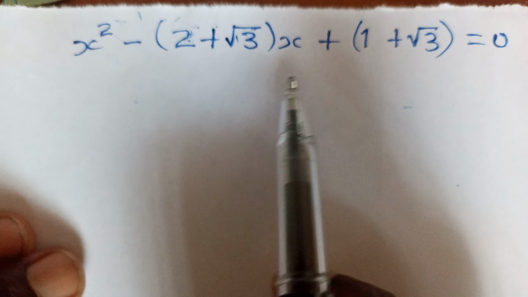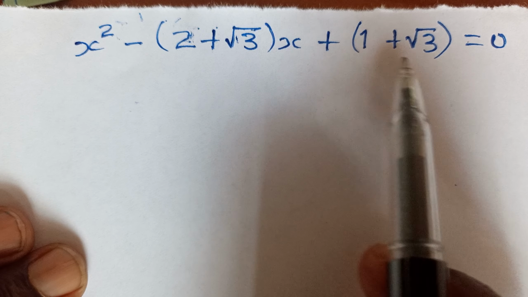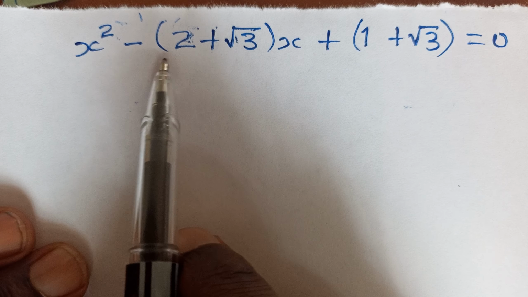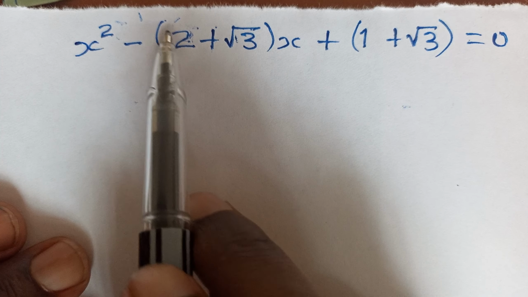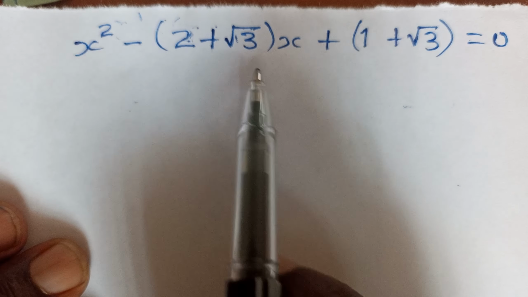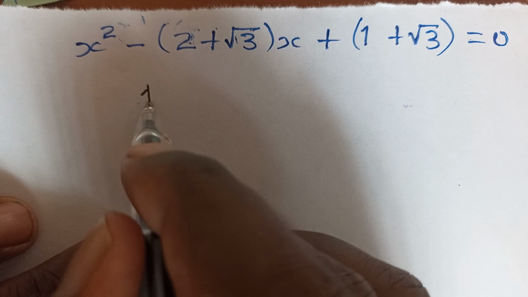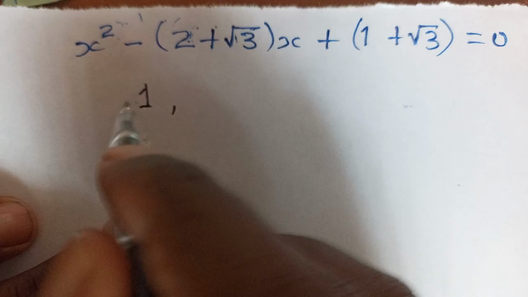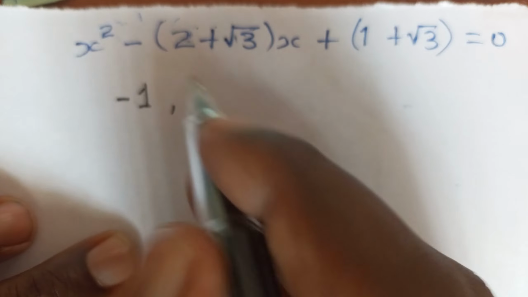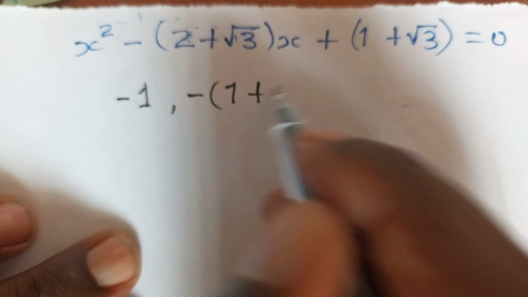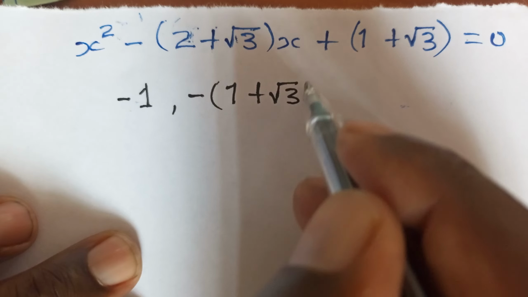Guys, we look for two numbers. If you multiply, you get 1 plus root 3. And if you add, you get negative (2 plus root 3). And those numbers are -1 and -1 plus root 3.